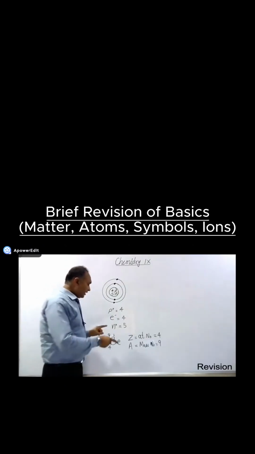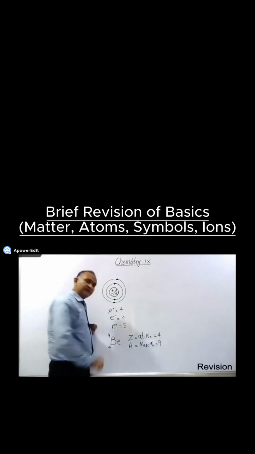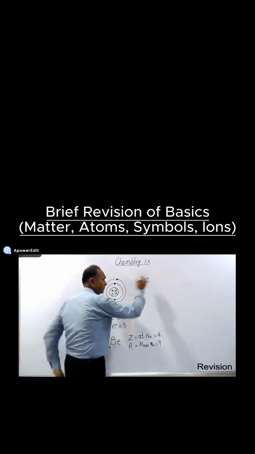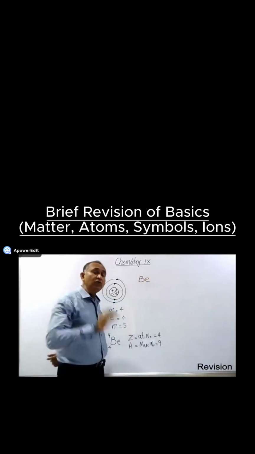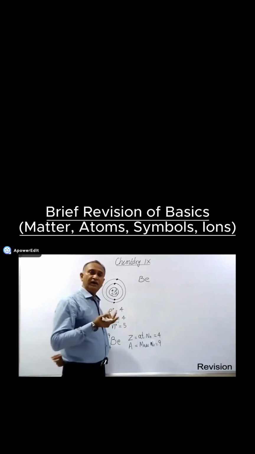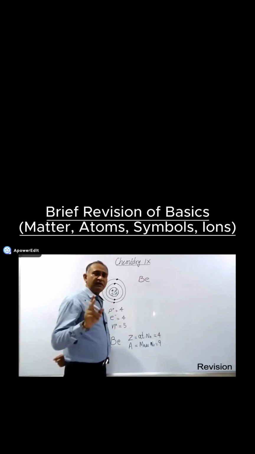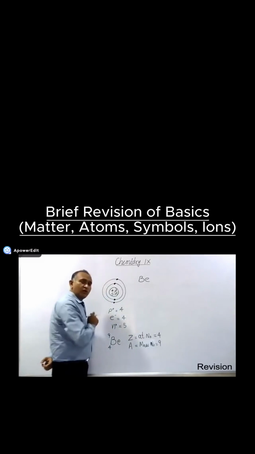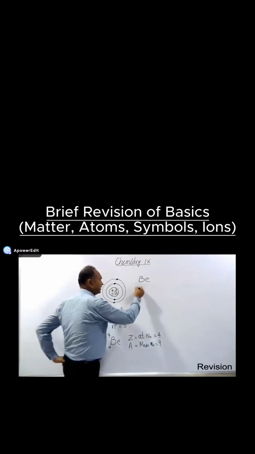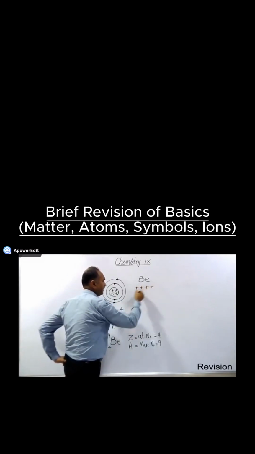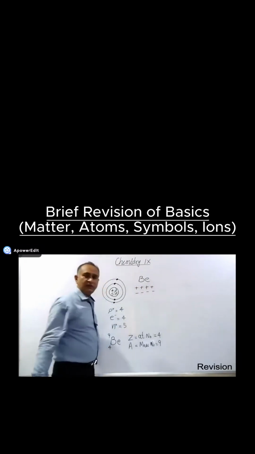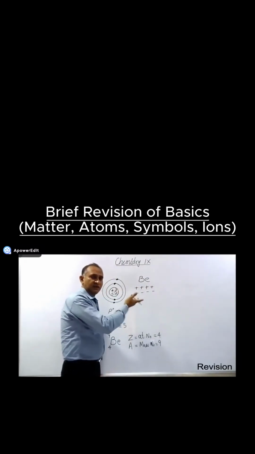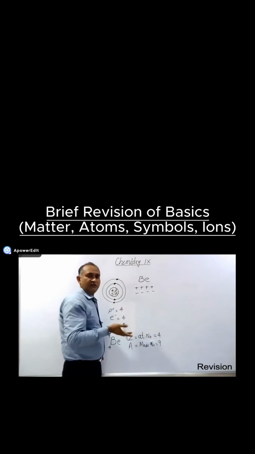Second thing, can you see a charge over here? It's written, look at the book. It's written like this. Is there any charge? No. Why? Because here the protons and electrons are equal. We have 4 protons here and 4 electrons here. It means this is electrically neutral, carrying no charge.